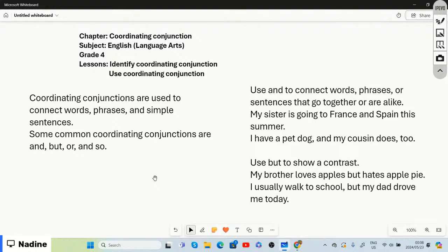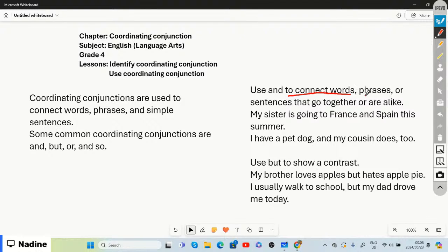So we can use the word and to connect words, phrases, or sentences that go together or that are alike.